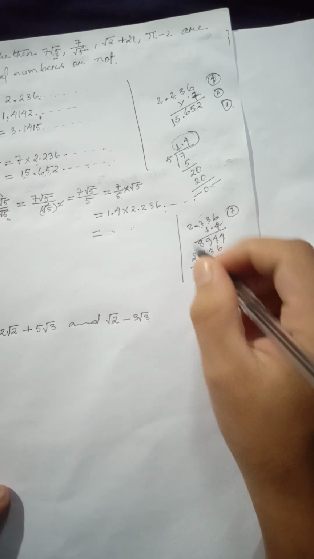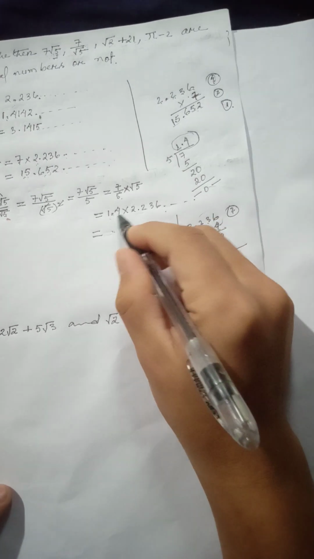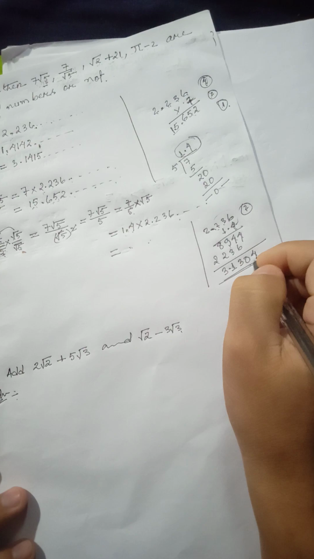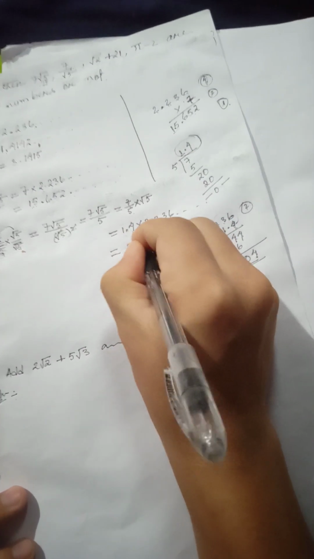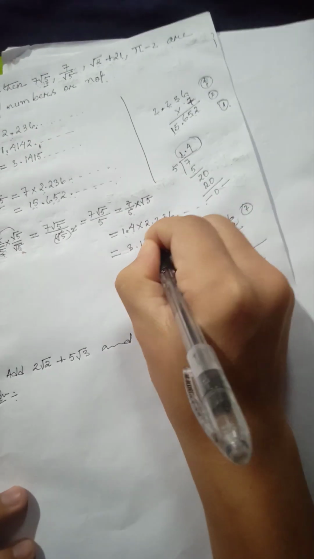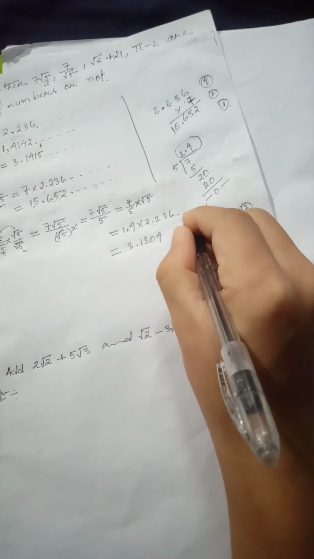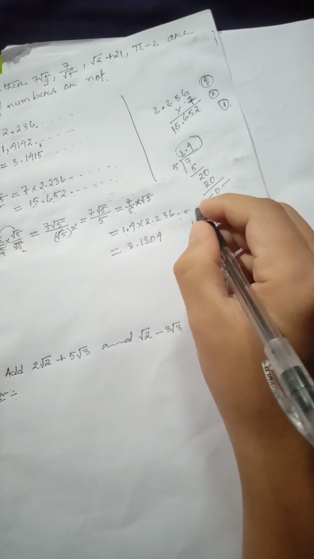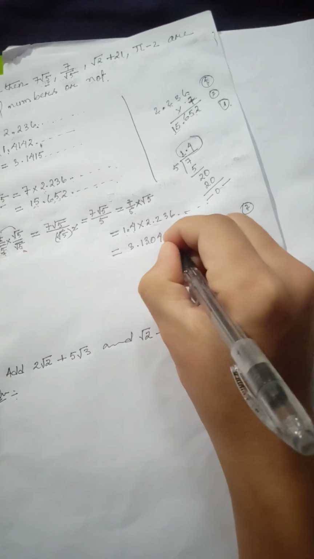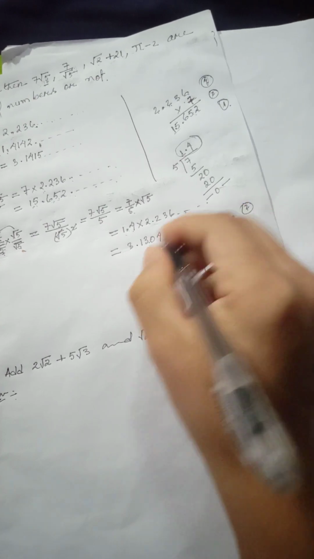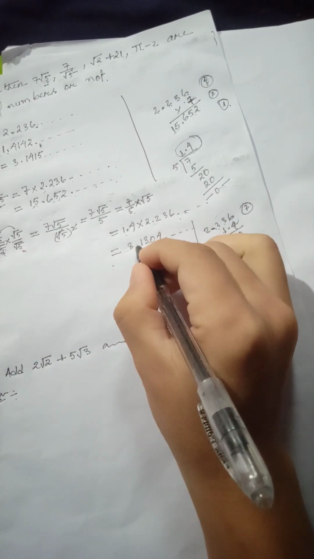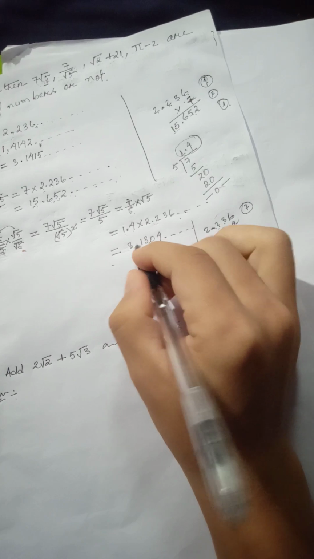So this is the outcome. This is the result that we got after multiplying 1.4 with 2.236. What is that? That is 3.1304. Since the number is non-terminating, it will go on like this. Okay, let us check this.